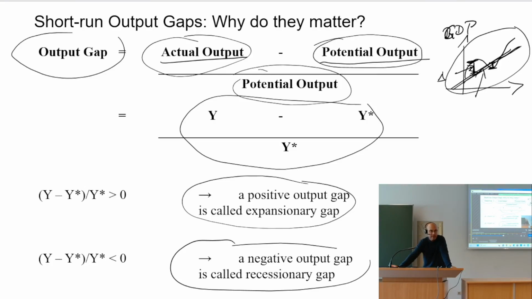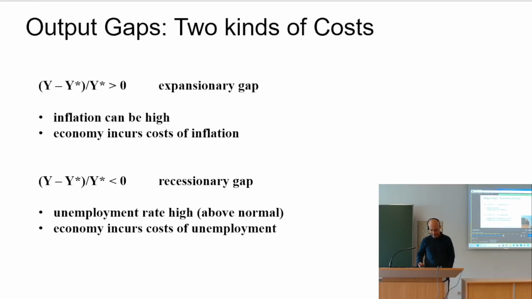This would just mean that we are above this long-term trend if actual production is higher than potential production, and then this number is positive, and then we talk about an expansionary gap. In the other way we are in a downturn or even in a recession, so we call this a recessionary gap.